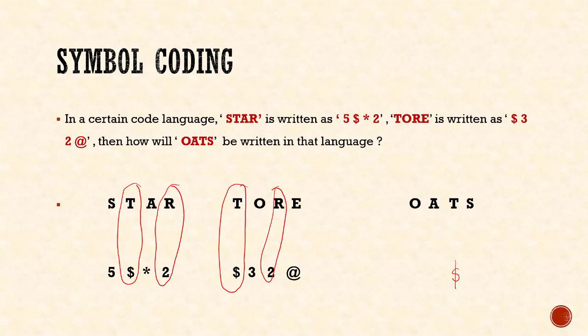That means S should be 5, so we can put 5 here. A should be star. And we will take the code for O from the word tor, so we would get 3 for O.